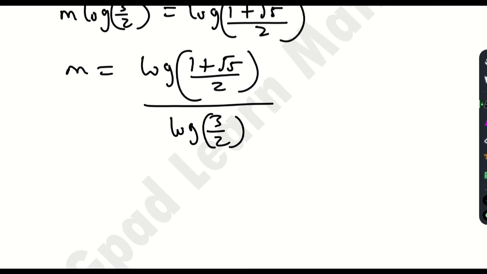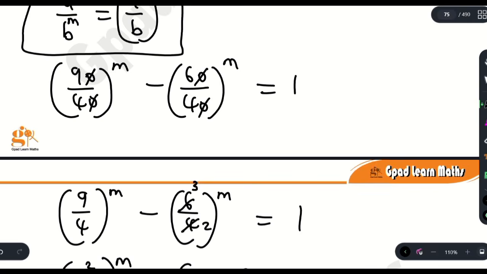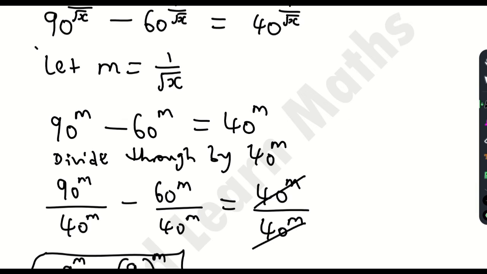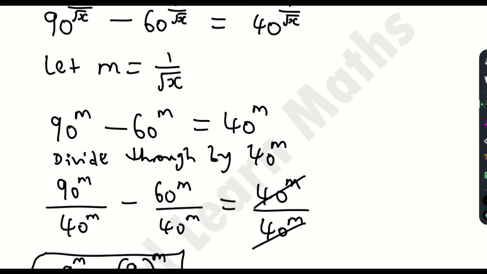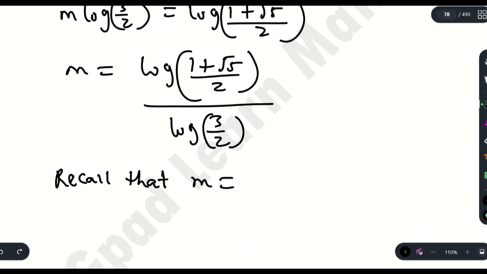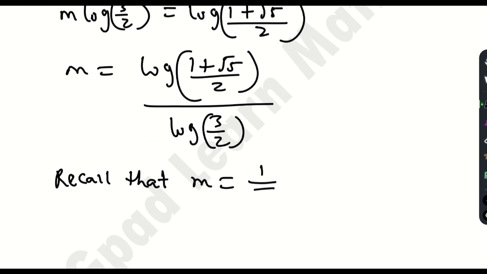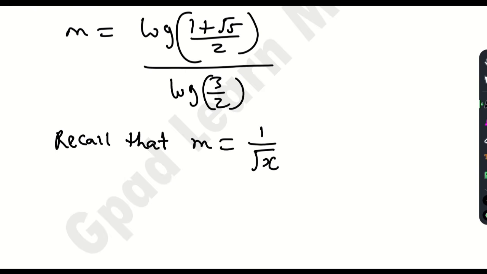Let's go back. Recall that m is equal to 1 over root x. I'll plug it back in here, and then we get the value of x, our long-awaited x.